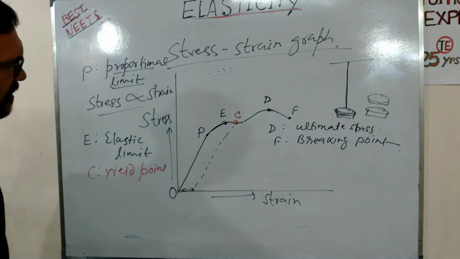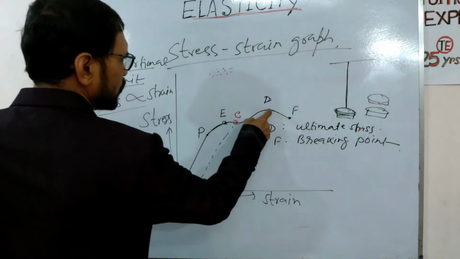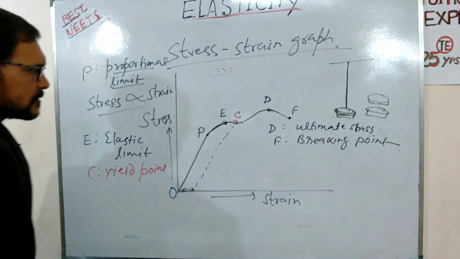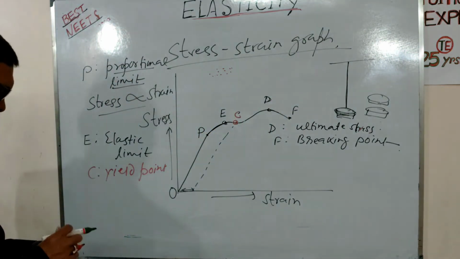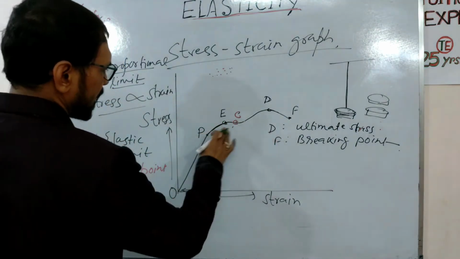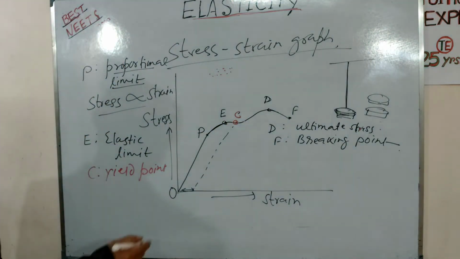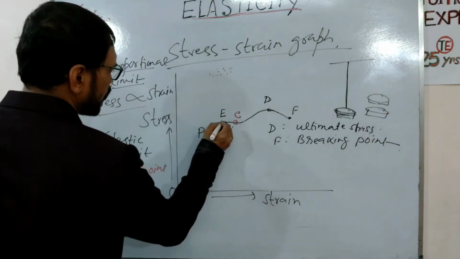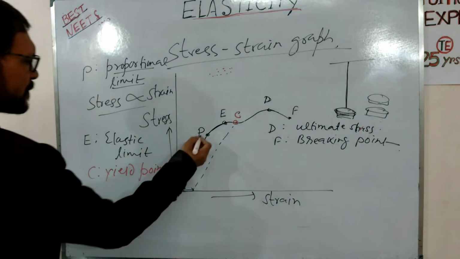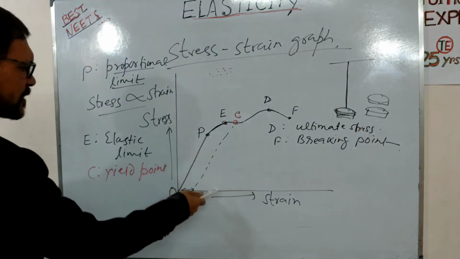I repeat once again. Here 1, 2, 3, 4, 5. Five points are present. Different books give different points, but actually these five points we have to mark on the stress strain graph. First is the proportional limit. Up to that limit, stress is proportional to strain.